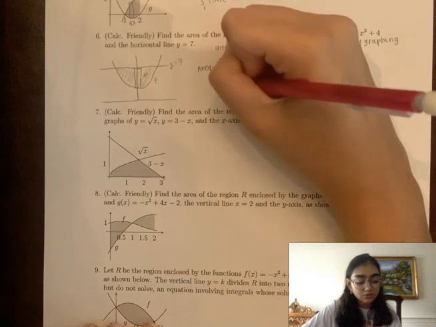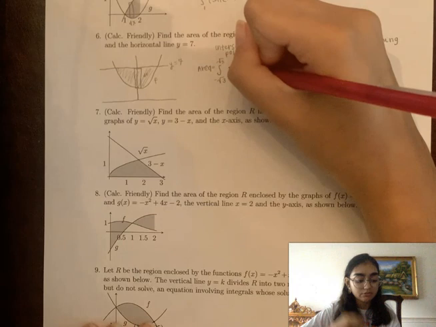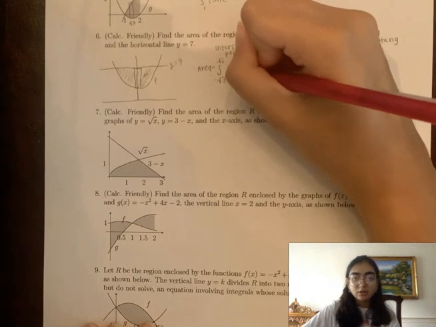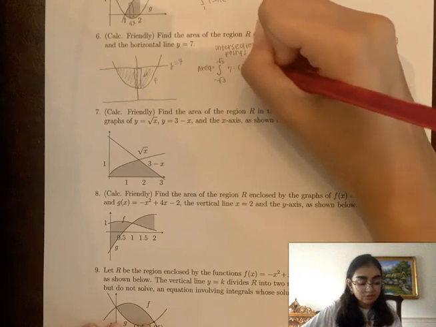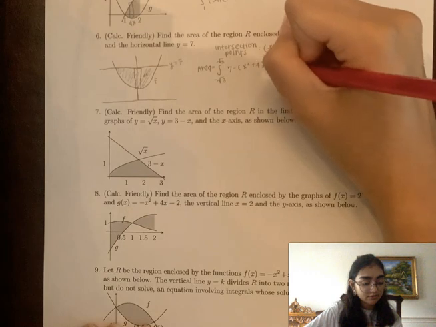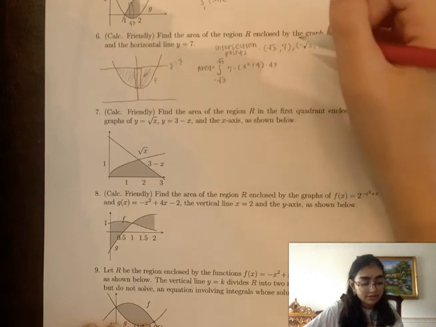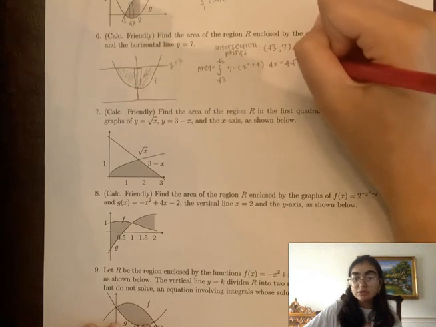So my two bounds on my integral are going to be negative square root of 3 and positive square root of 3, the x-coordinates of my intersection points. And I'm going to have 7 minus (x squared plus 4), because y equals 7 is my top function, and x squared plus 4 is my bottom function.